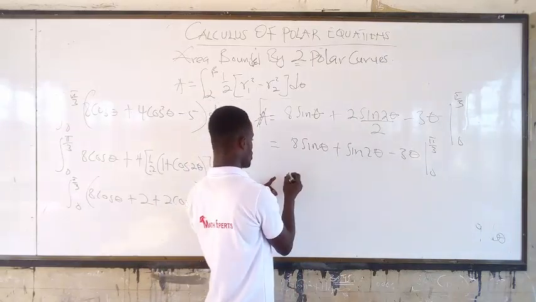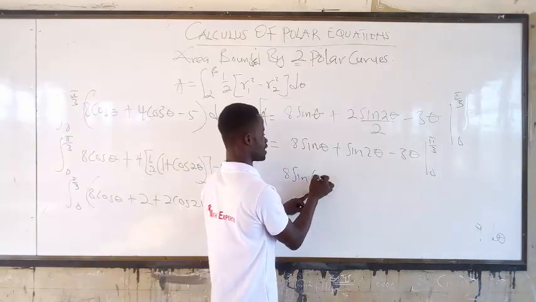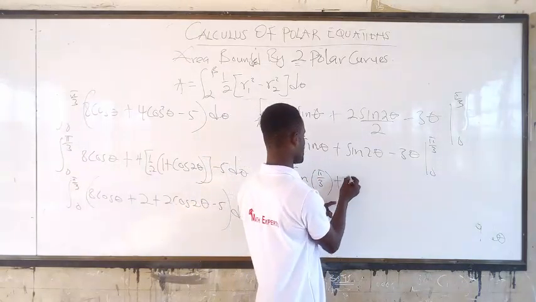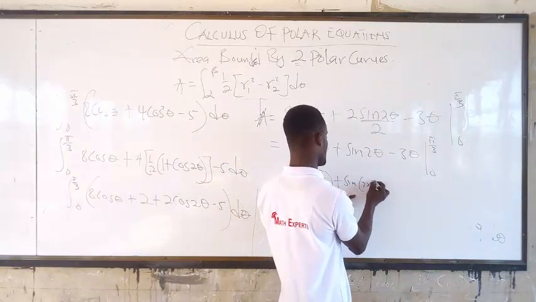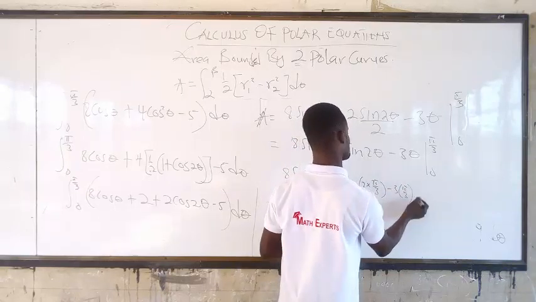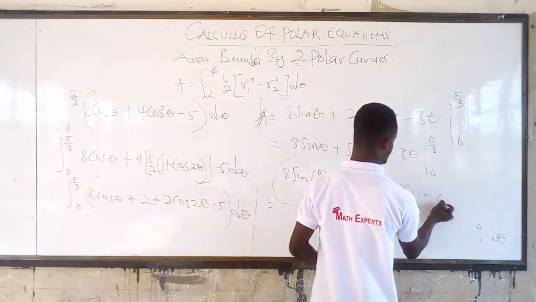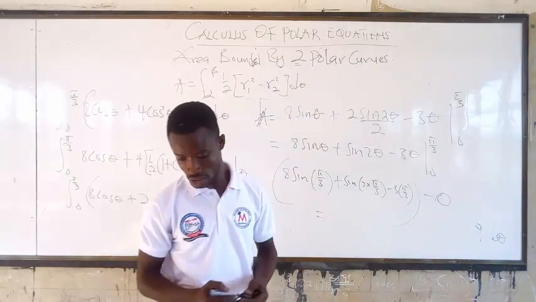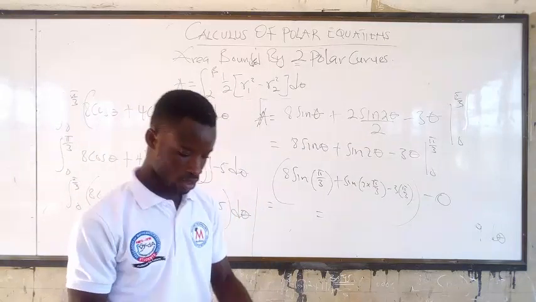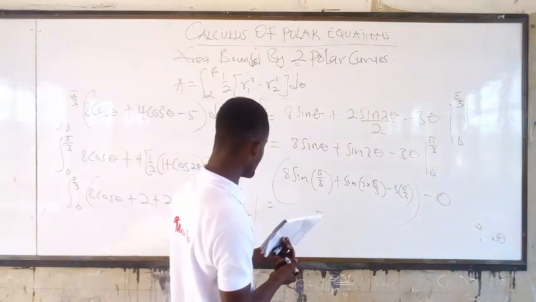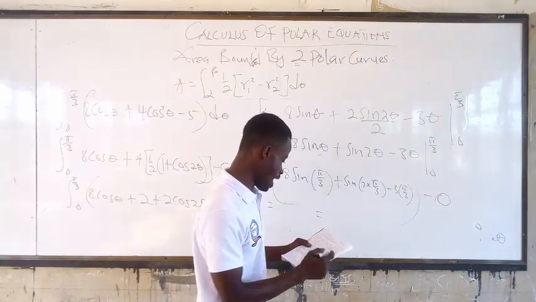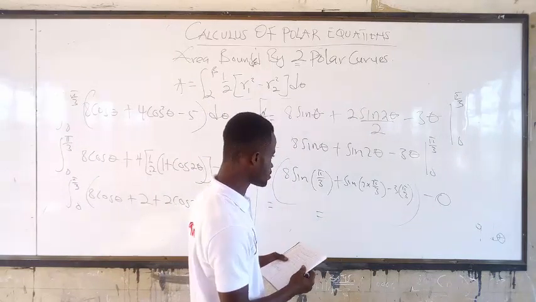So the upper minus the lower: 8 sine of pi over 3, plus sine of 2 times pi over 3, minus pi over 3, all that minus 0. So this is going to give you, alright, your final answer. So here, it's going to be like this.